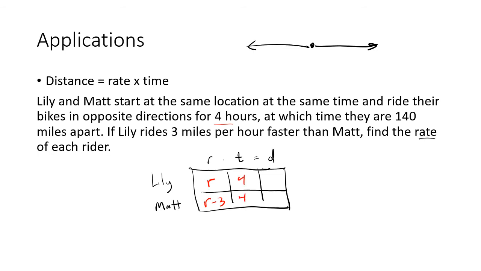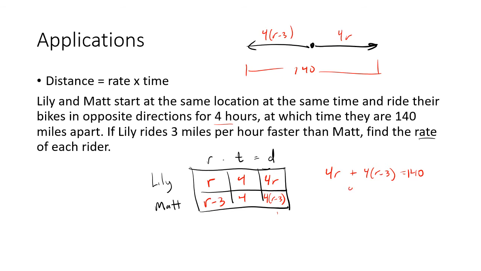So 4 and 4. That means Lily's distance is 4R and Matt's distance will be 4 times R minus 3. And their combined distance is 140 miles, right? So we're going to add these distances. 4R plus 4 times R minus 3 is equal to 140.